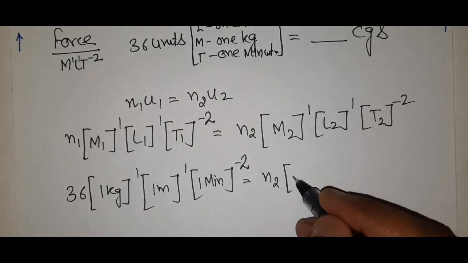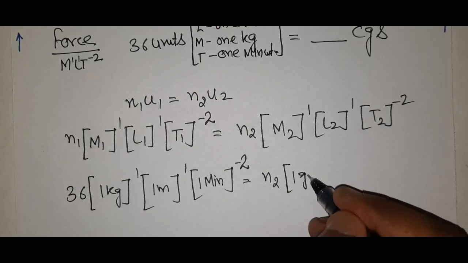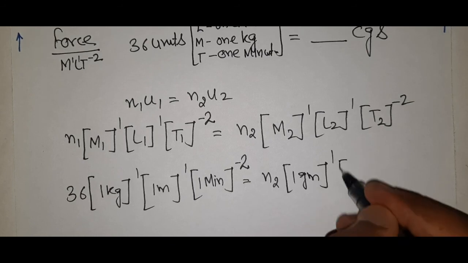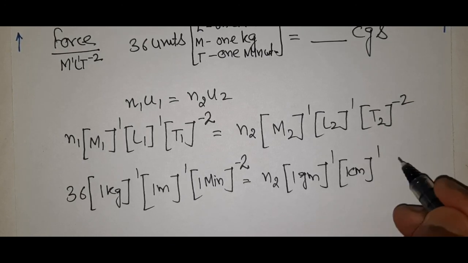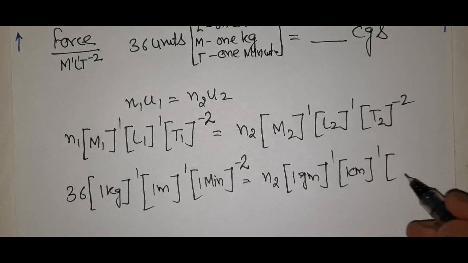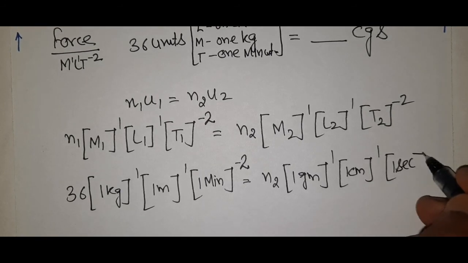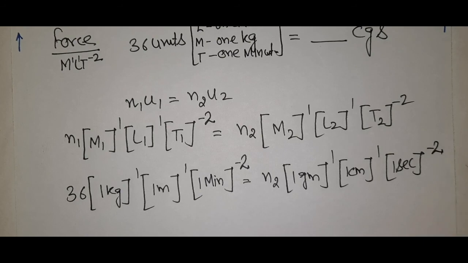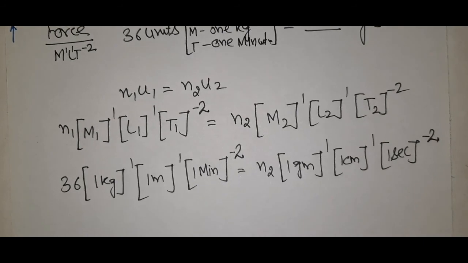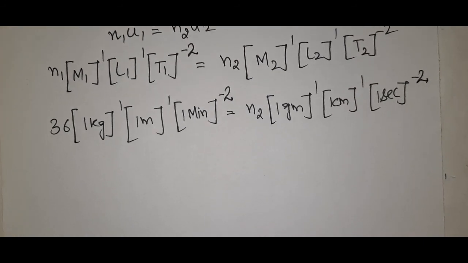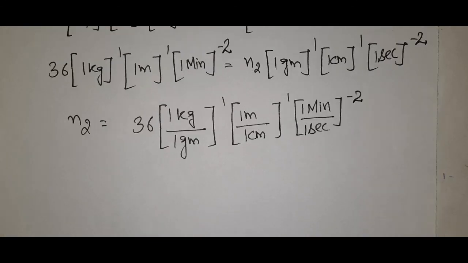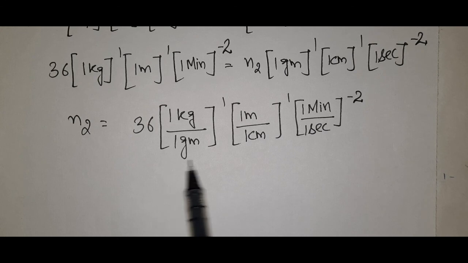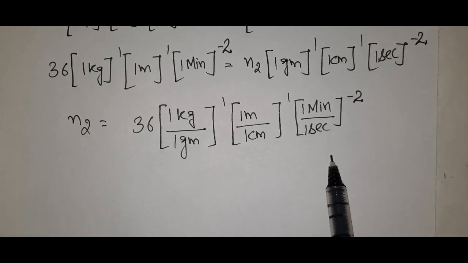Mass in the CGS system is 1 gram raised to 1. Length 1 centimeter raised to 1. Time 1 second raised to -2. Hope it's clear. Now we have to calculate N2, so bringing this in the denominator, like this we will be getting.